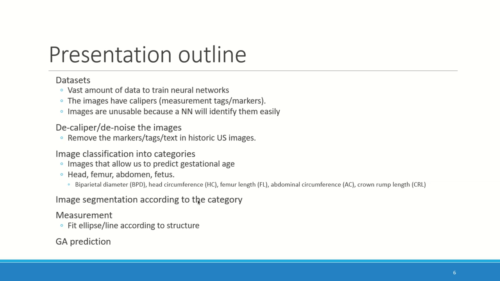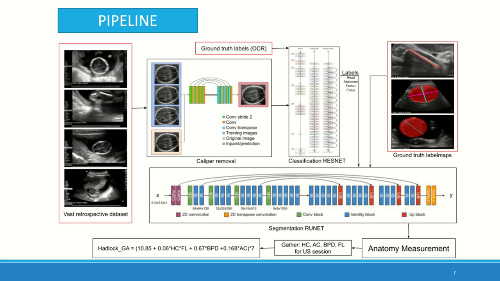We will talk about a segmentation method to identify the regions of interest in these images, and a method to fit different elements, for example an ellipse or a circle or a line, according to the structure. And then we will use these fitted elements to measure the structures and then be able to do gestational age prediction.